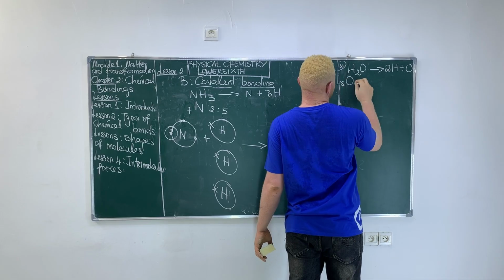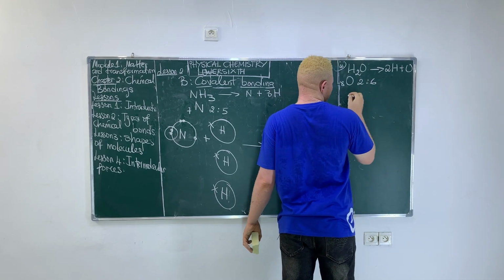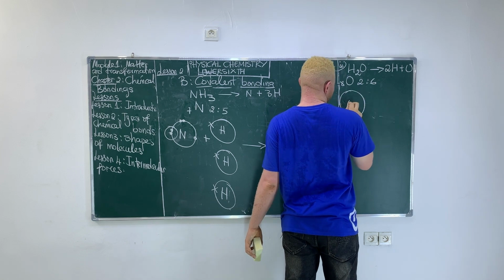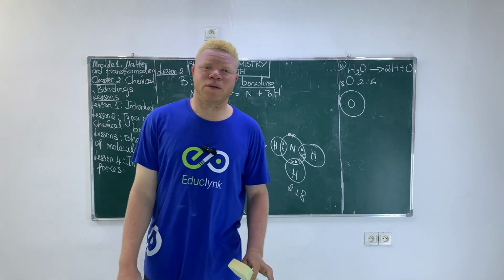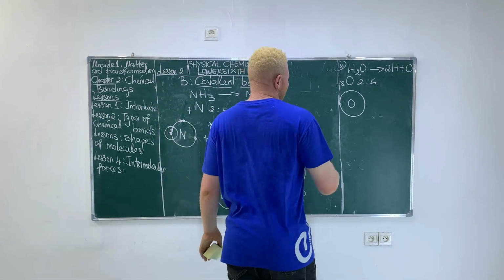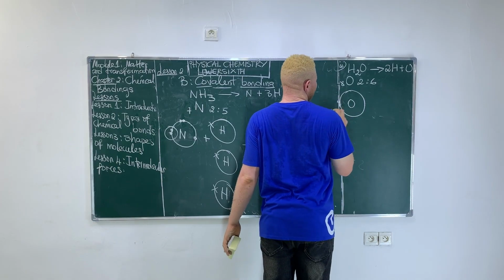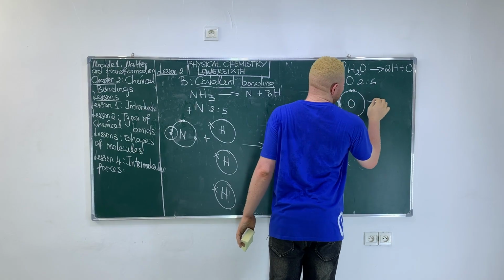Oxygen is 8, that's 2, 6. So we'll have the oxygen atom O with 6 electrons in the outermost shell, 1, 2, 3, 4, 5, 6.